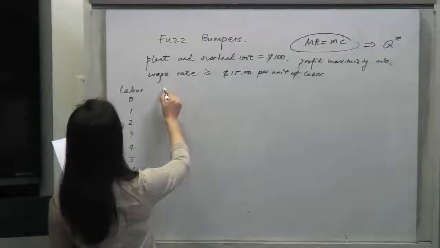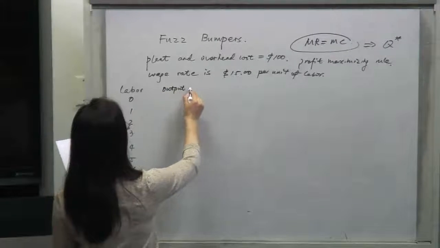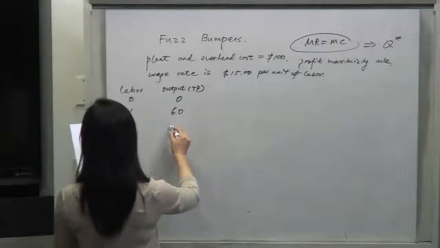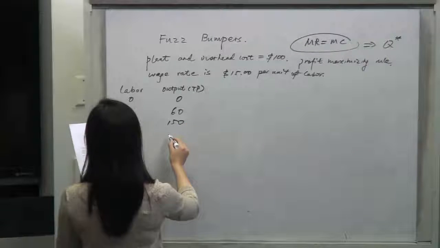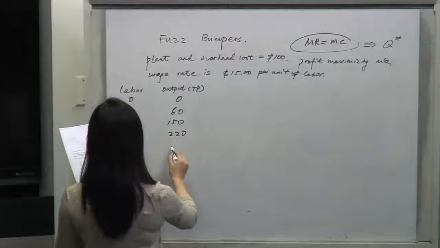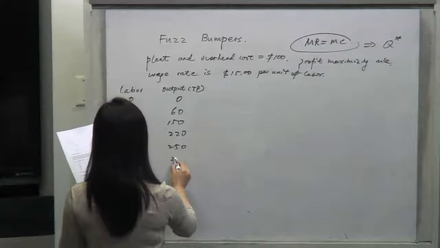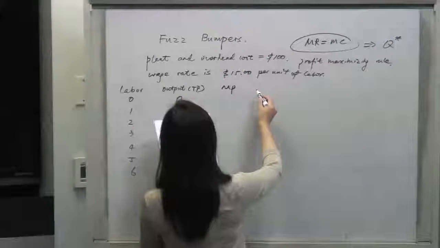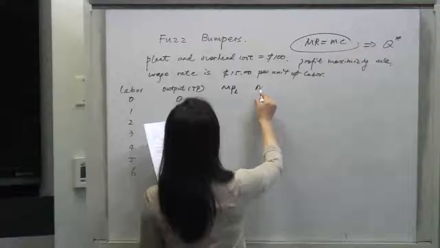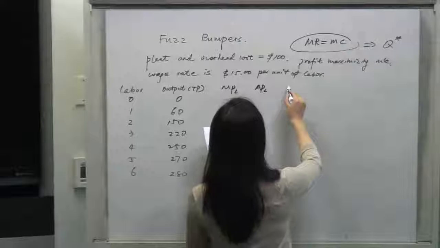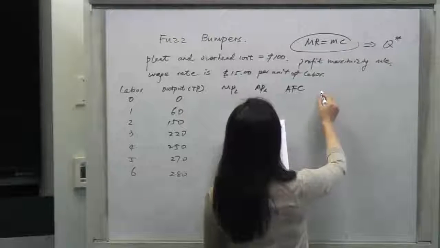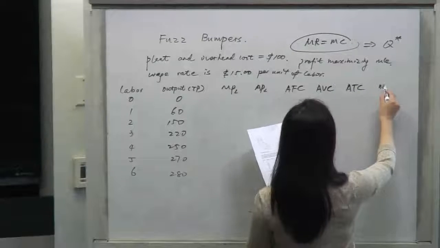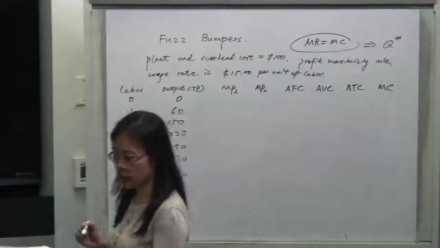Output, or you can call it total product, as follows: L, MPL, APL, AFC, AVC, ATC, MC. Okay, so this is a huge table.